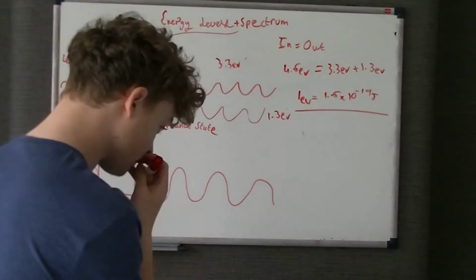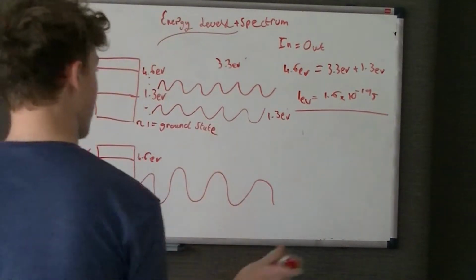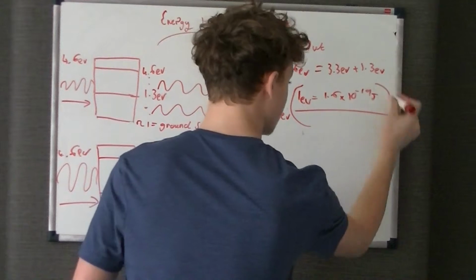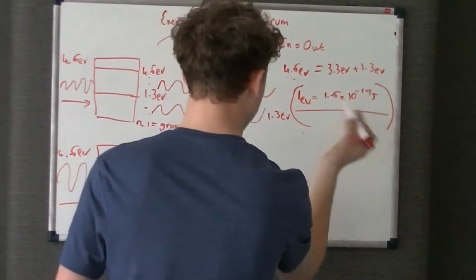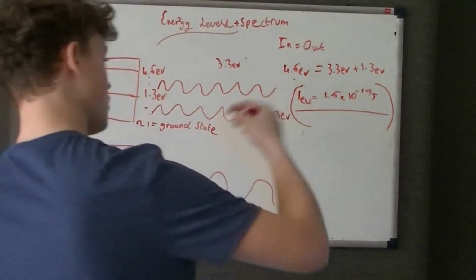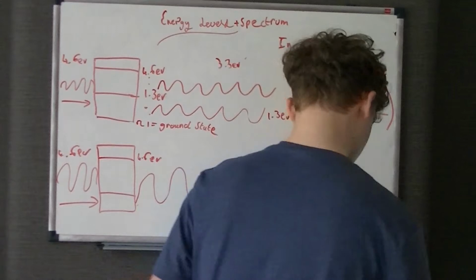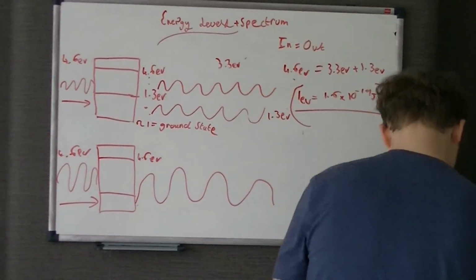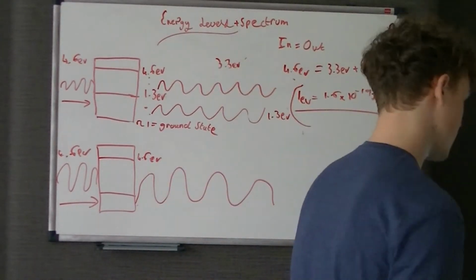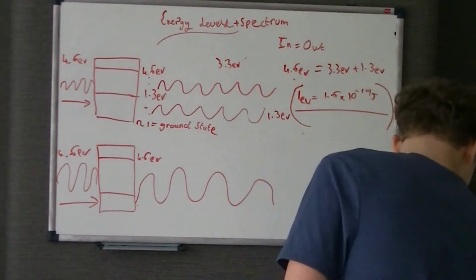So, what can we do from this? How can we use this information to tell us what 4.6 eV is in joules, or joules into eV? I did get this wrong last time when I did it in my head, so I'm just going to make sure I go the right way.